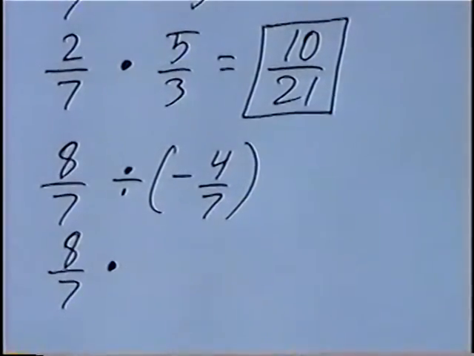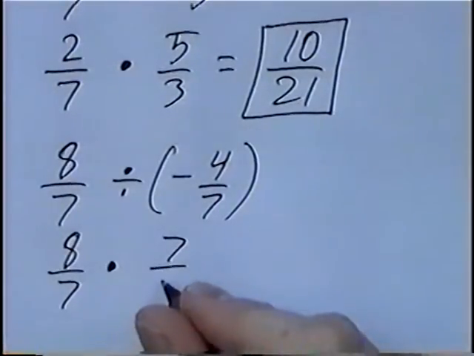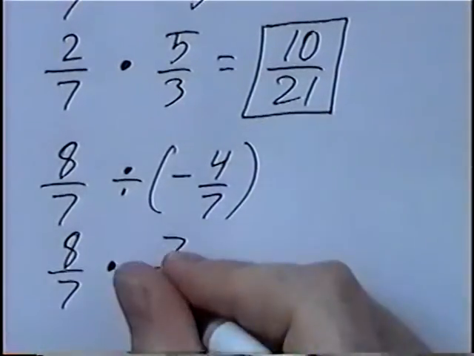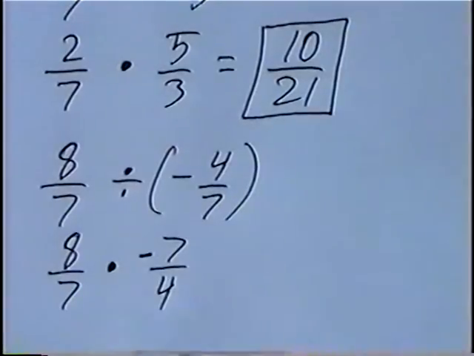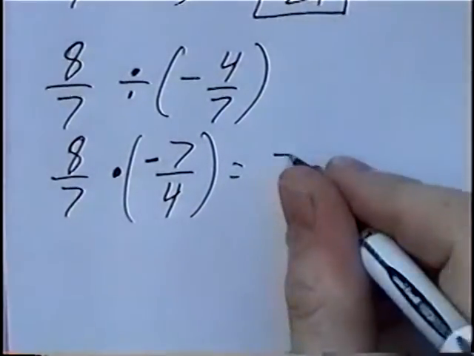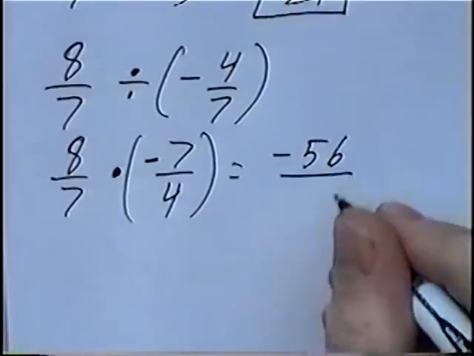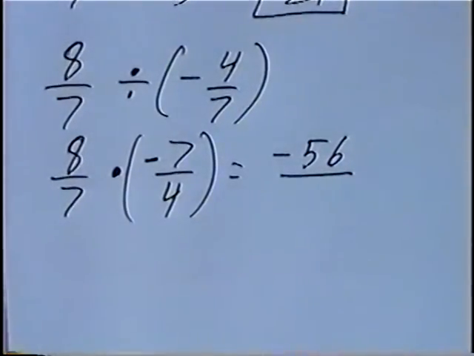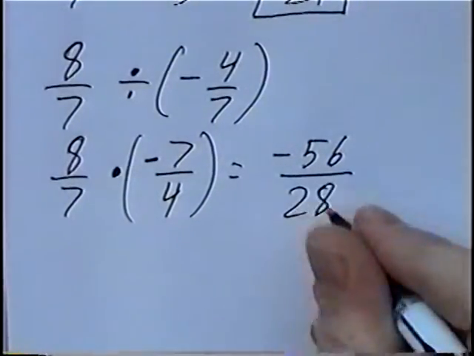The reciprocal of the second fraction would be 7 over 4. And if it's negative, we'll leave it as a negative fraction. Multiplying straight across again. 8 times a negative 7 would be negative 56. And 7 times 4 would be 28.